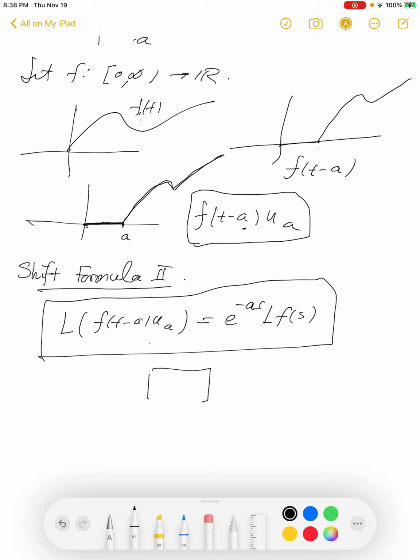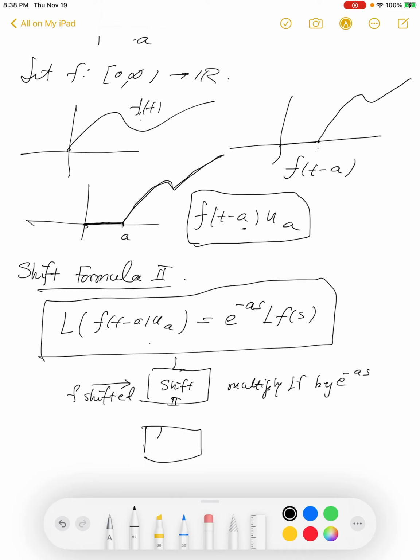Let me draw the picture of this. Here is f shifted. What comes out is L of f multiplied by the exponential e to the minus as. This is shift formula 2. This is the box L.